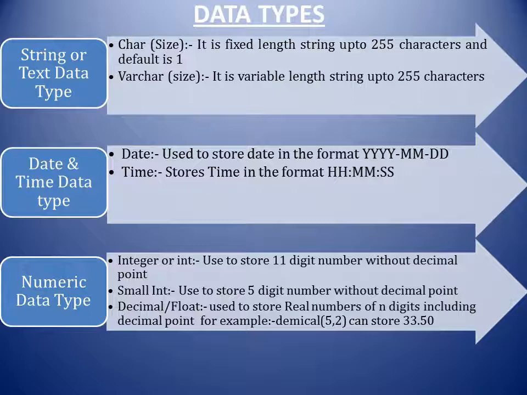Small int is used in very few cases. Integer is used to store 11-digit number, small int for 5-digit number, and decimal for storing decimal point numbers.